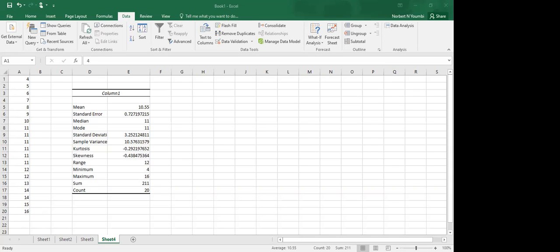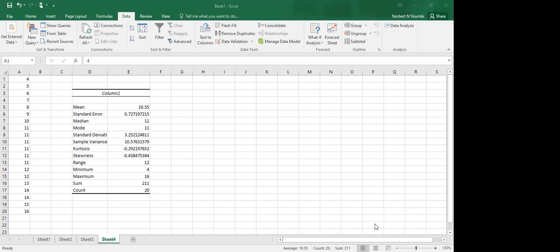So the next question is adding the same number to all the values and then doing the same computation to see what you are going to get. So let's do that. Let's say we are going to add 4, or let's add any number.